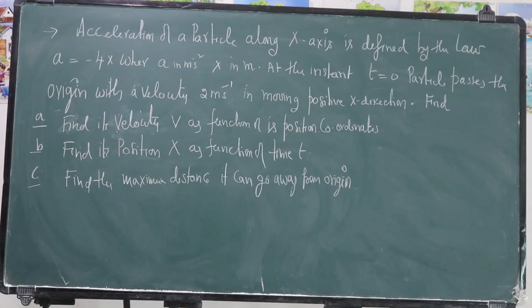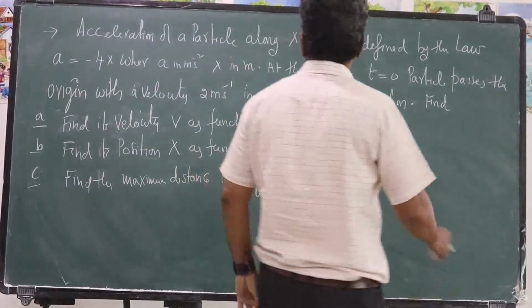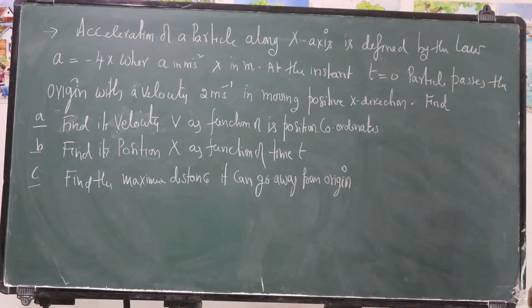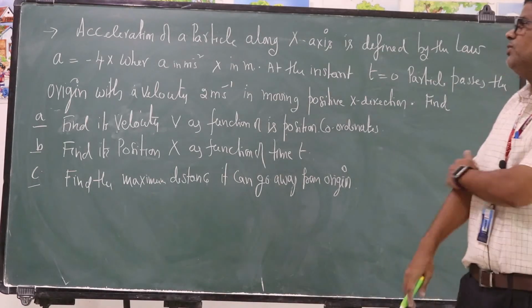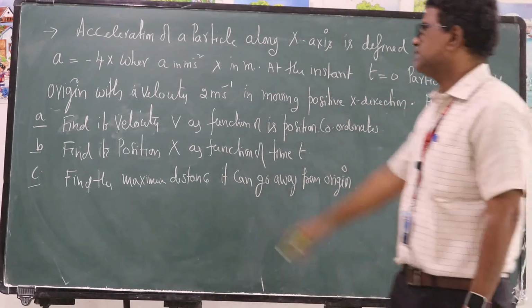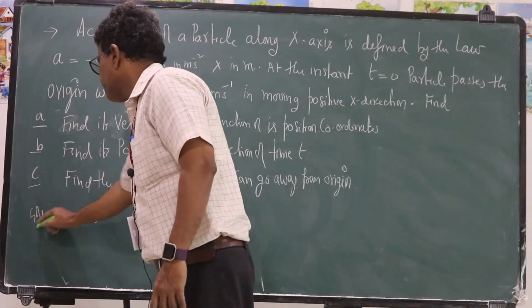So the first one is acceleration of a particle along the x-axis defined by the law a is equal to minus 4x. So this is acceleration, solution.